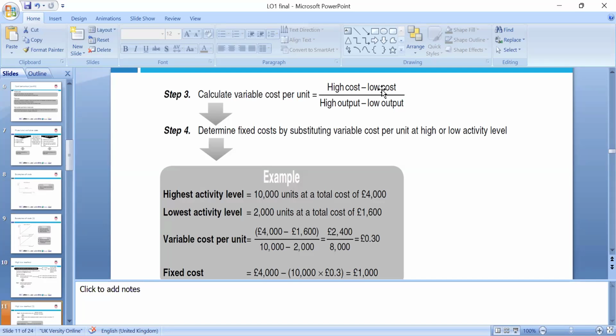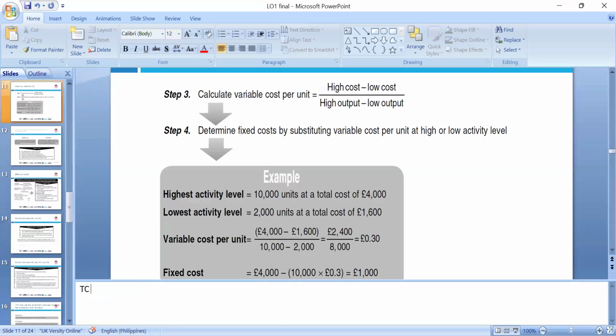In this example, we produce and sell 10,000 units, and it costs us 4,000 pounds total cost. If we produce 2,000 units, lower, it will cost us 1,600 pounds. TC means total cost, which consists of fixed cost and variable cost.